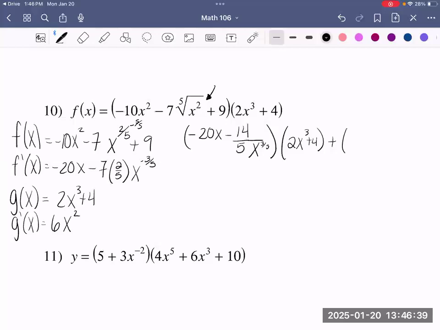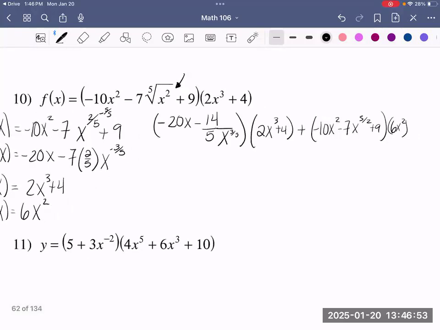Let's take your f of x. And then let's go ahead and grab your g prime. Now, as far as simplifying goes, there's no easy way to simplify this, so we can actually just leave it alone without making it so chaotic. But this is what you would end up with.